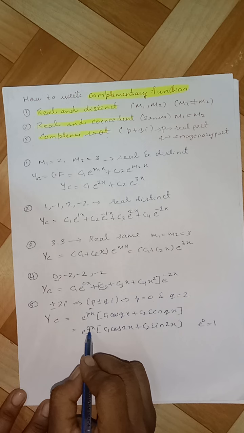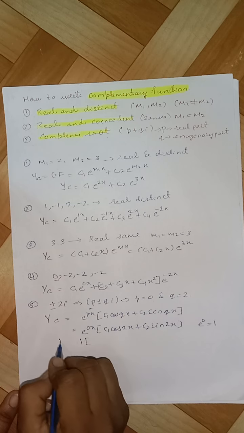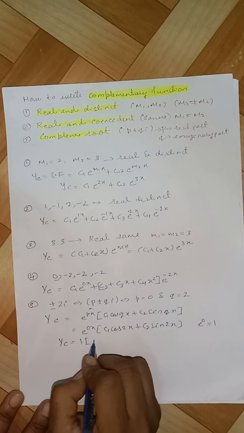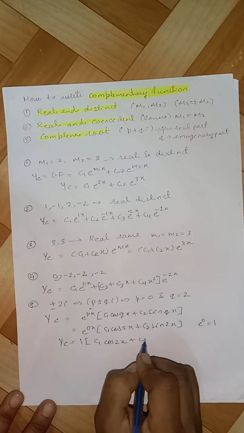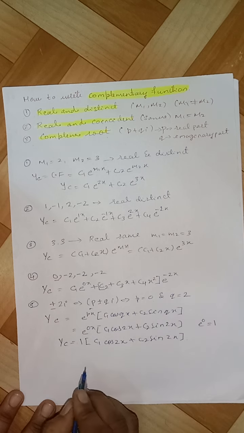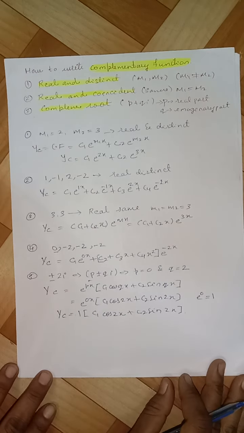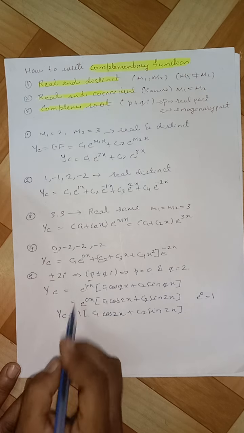Therefore 0 into x is 0, e raised to 0 will be equal to 1. So we write yc is equal to c1 cos 2x plus c2 sin 2x. Okay. So this is the solution if the root is complex.